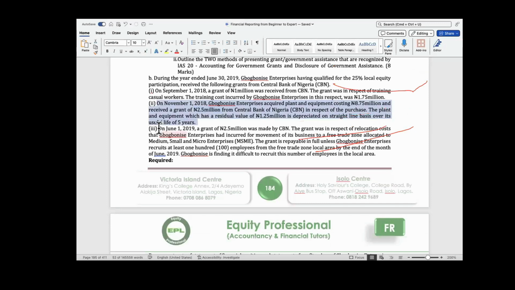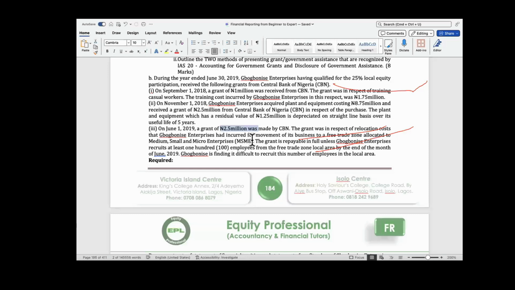Number three, on June 1st, 2019, a grant of 2.5 million was made. The grant was in respect of relocation costs that Bugbonishe Enterprise had incurred for movement of its staff to a free trade zone allocated to medium, small and micro enterprises.